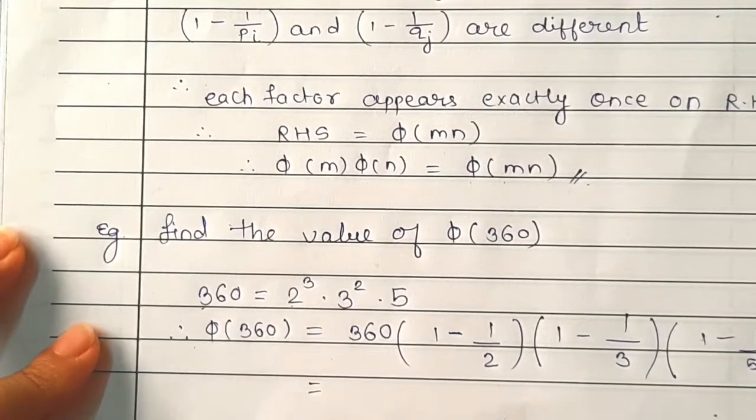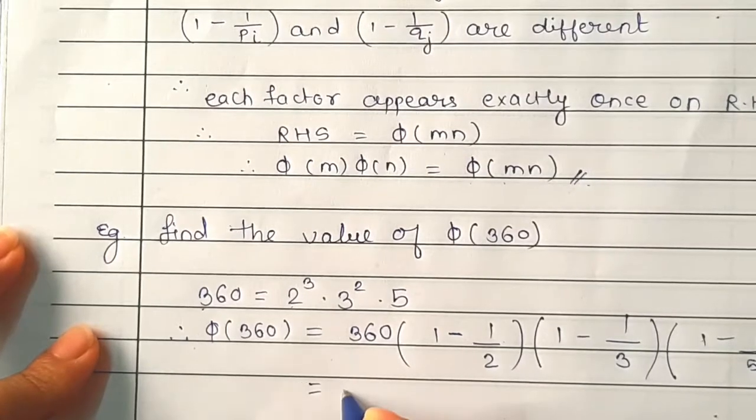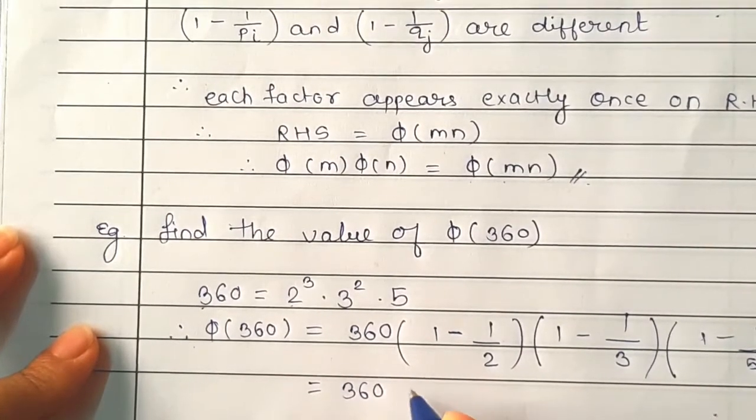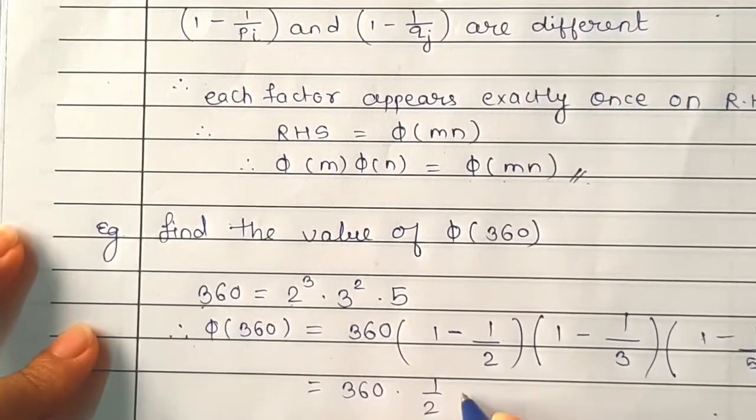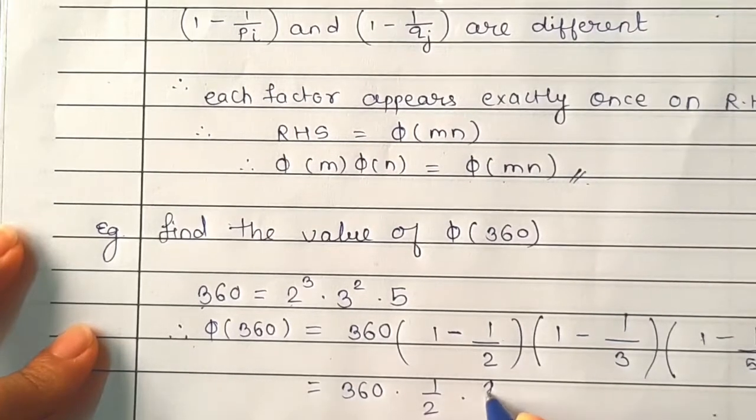Which is equal to 360 into half into 2 by 3 into 4 by 5.